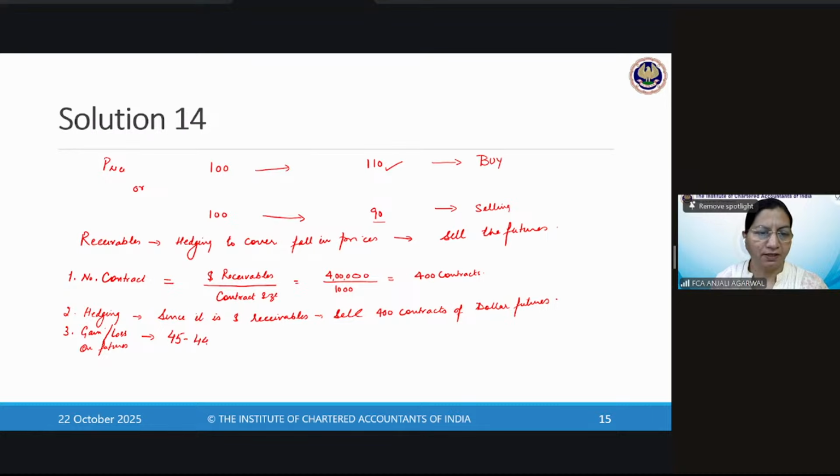So how much is the gain? 0.50, 50 paisa on each dollar, whereas you have taken 400 contracts of $1,000 each. So what is your gain? 400 into 1,000, that is 4 lakhs, into 0.5. So you have gained 2 lakhs.